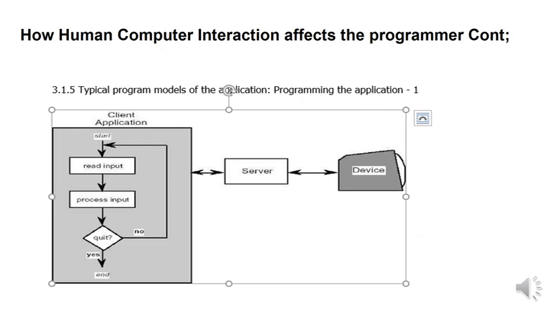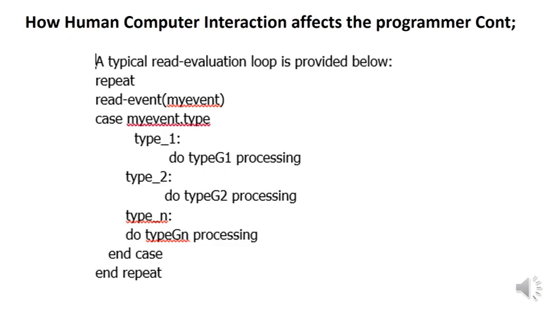Then we also have the typical program model of an application program, where we have the device, the server, then the client applications, read input, and so this is how it flows. And this is the typical read evaluation loop provided by the repeat.